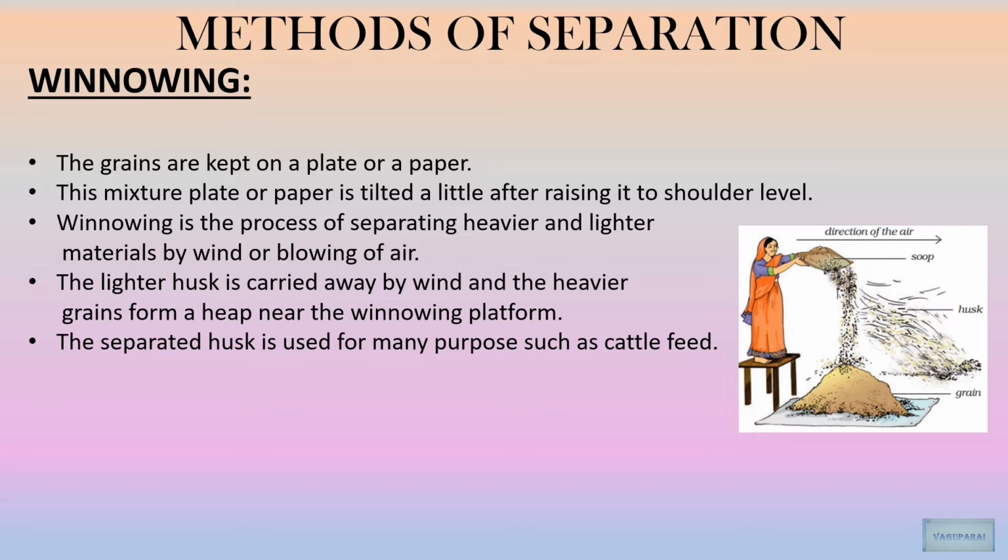Now, when the plate or the paper is tilted a little and when air is blown or wind is blown, the lighter husk is carried away by the wind and the heavier grains form a heap near the winnowing platform, like shown in the picture. The separated husk is used for many purposes such as cattle feed.